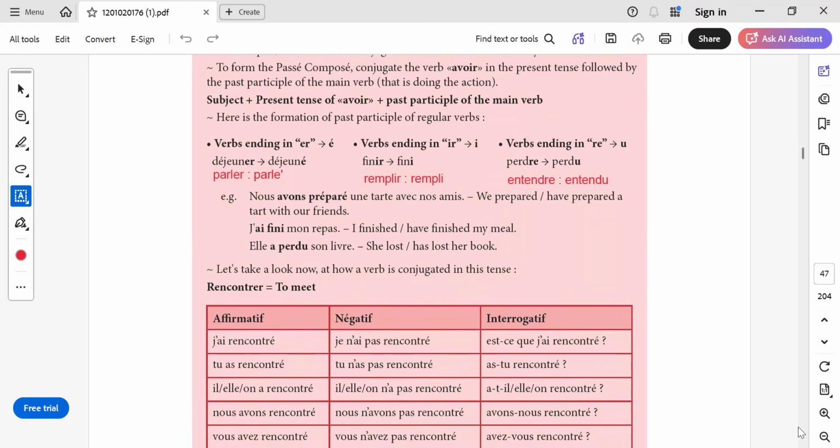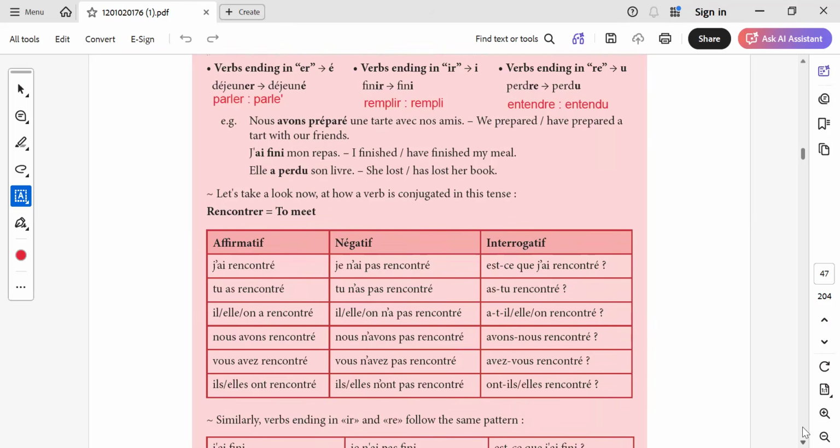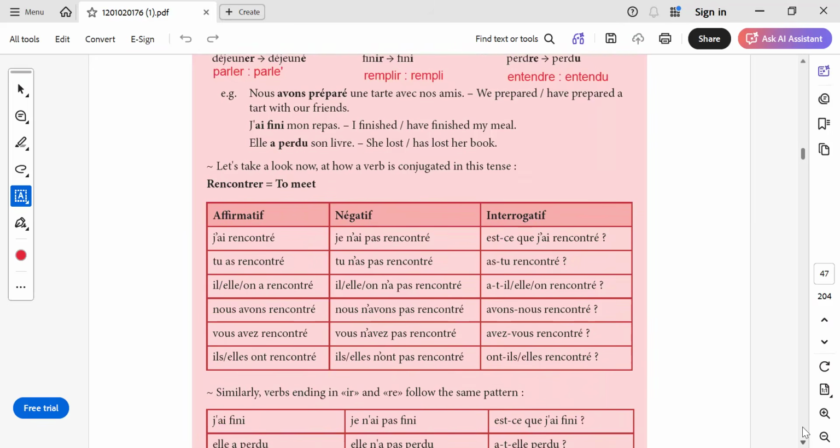Now here some conjugations are given. Affirmative, negative and interrogative. The verb taken for the same is rencontrer. Let us read this verb. Rencontrer means to meet. So affirmative will be j'ai rencontré. All these verbs are with avoir only.